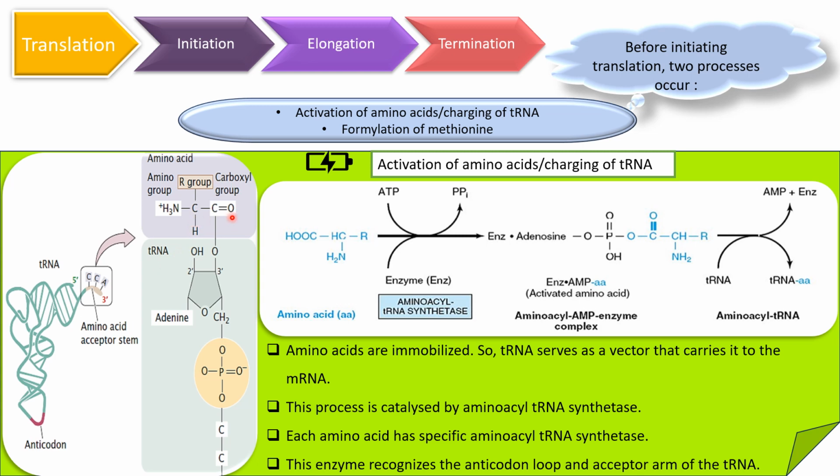So, the carboxyl group of the amino acid is attached with the hydroxyl group which is present on the 2' or 3' carbon of this adenine, right, of particularly pentose sugar of this adenine molecule. So this ester bond is formed between the carboxyl group of amino acid and hydroxyl group present on the 2' or 3' carbon of the pentose sugar of adenine.